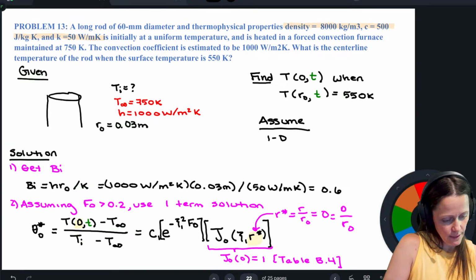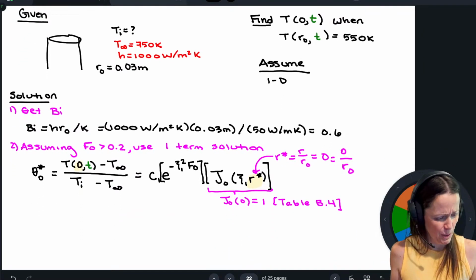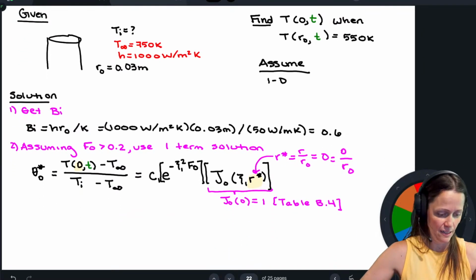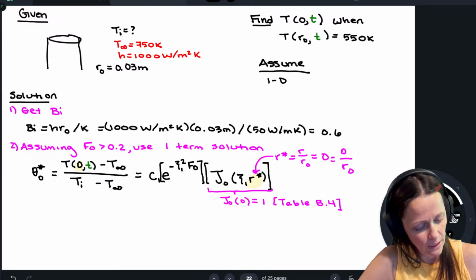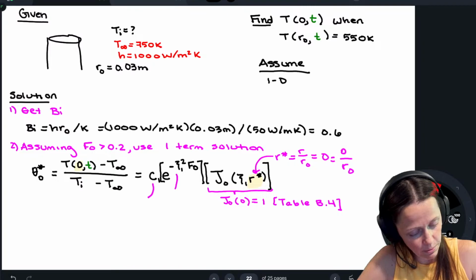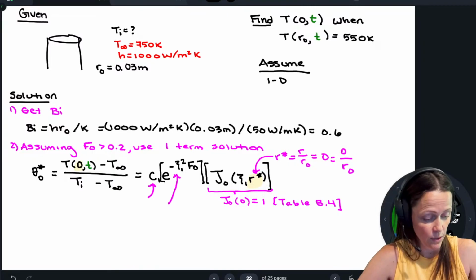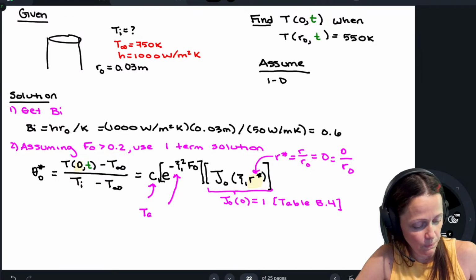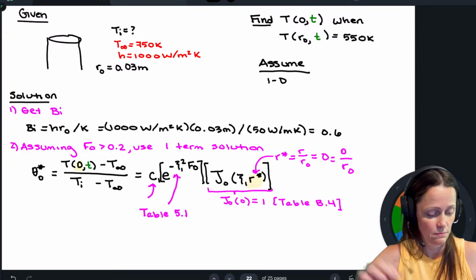All right. So perfect, I guess. Kind of perfect. Maybe not really. I can look up these guys. I can look up my C1 and my zeta 1 in table 5.1.